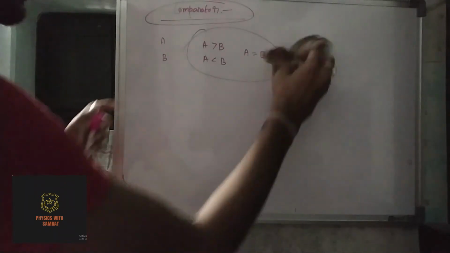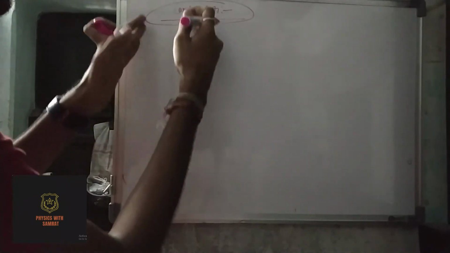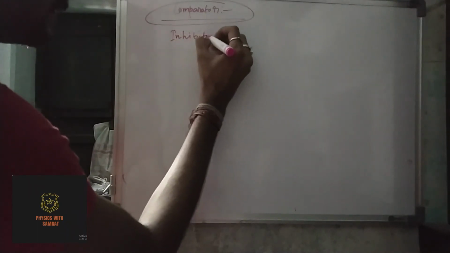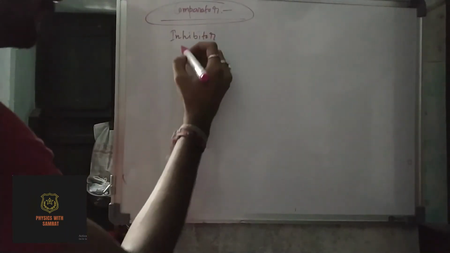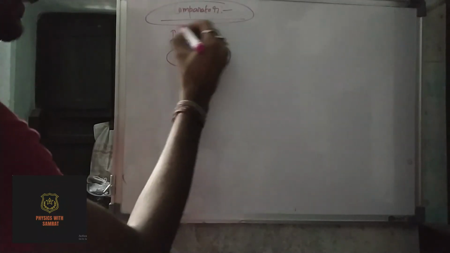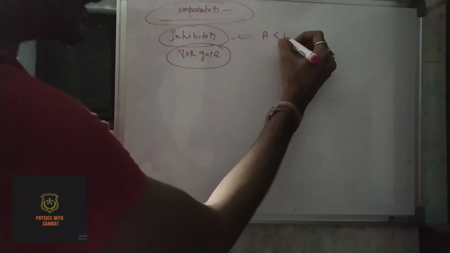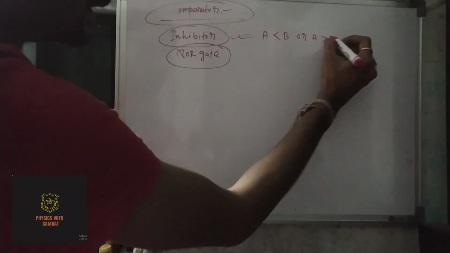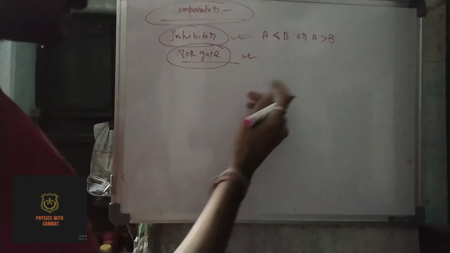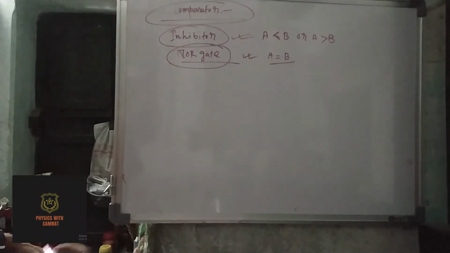So here we will apply the previous three circuits: the inhibitor, mainly inhibitor, and the last one, the XNOR gate. Why XNOR gate and why inhibitor? They will give us either A greater than B or A less than B, and as the XNOR is an equality checker, it will give us A is equal to B. Okay.